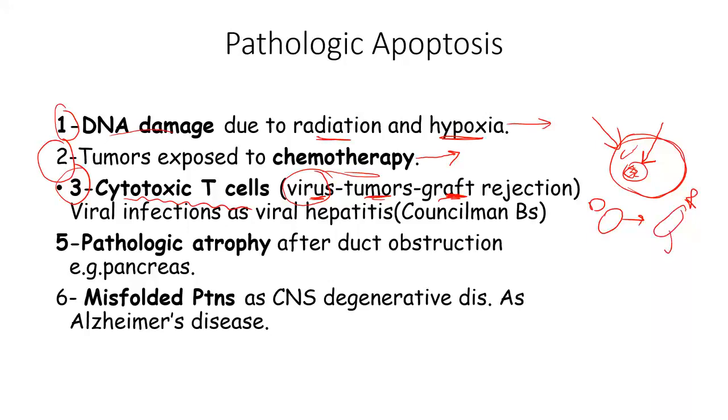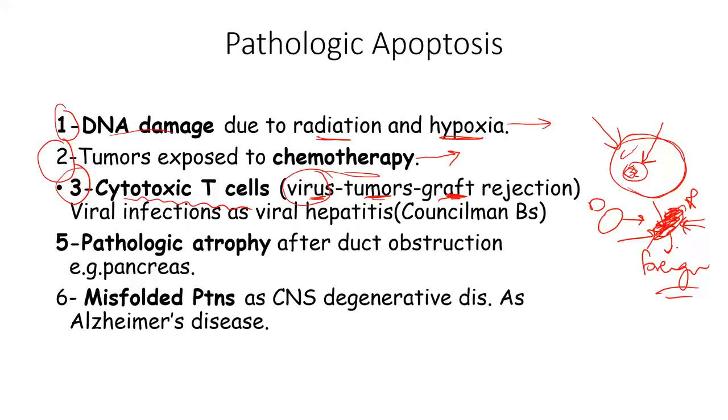It is foreign for the immune system of the recipient, including cytotoxic T cells, and so they are going to go there and start to react to this foreign transplant and try to destroy it. And this is part of the immune system, and so in cases of transplantation, doctors usually give immunosuppressant drugs to suppress such immune reaction.